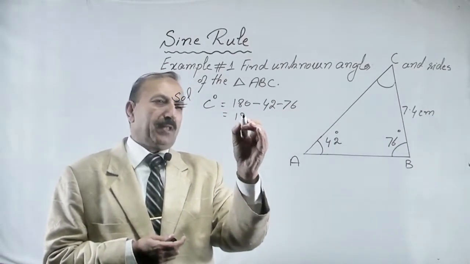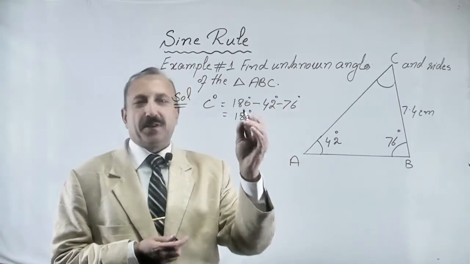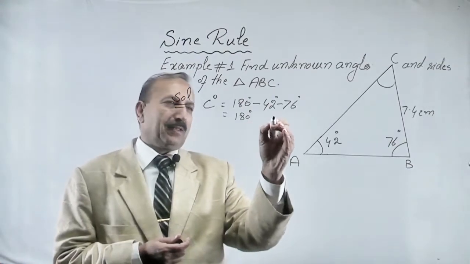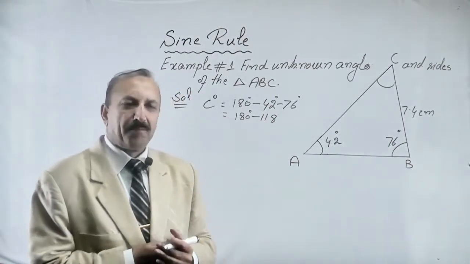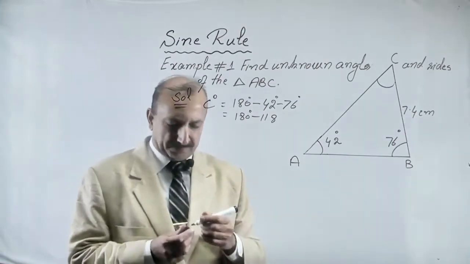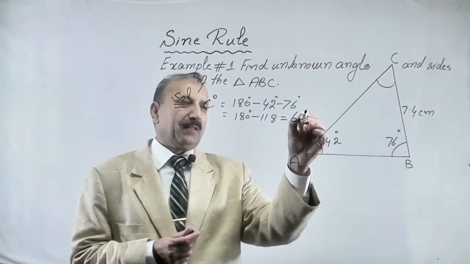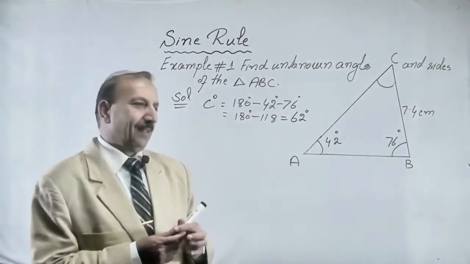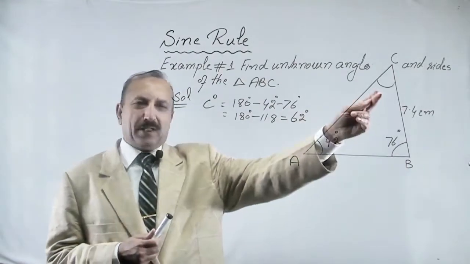This is 180 degrees. The degree values we are going to subtract. This is equal to 62 degrees, angle C. Now we have found angle C.